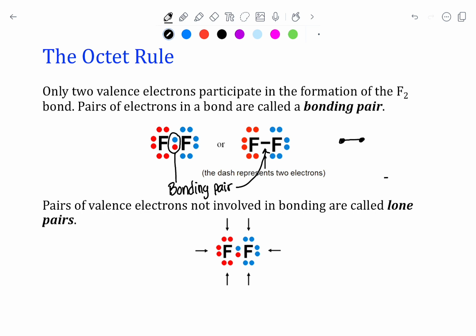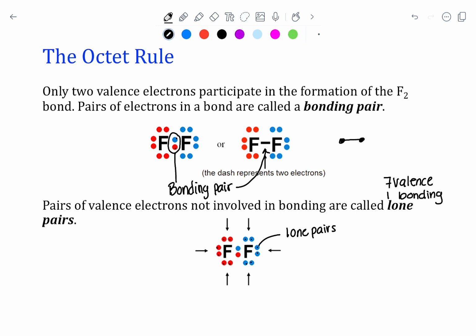Fluorine had 7 valence electrons, but only one of them was a bonding electron, right? Only one electron came from each fluorine to form the bond. Therefore, the other 6 valence electrons were not a part of the bond formed. So we call those lone pairs. The little dots of electrons on the outside of each of these fluorines, since they're paired up, those are our lone pairs.